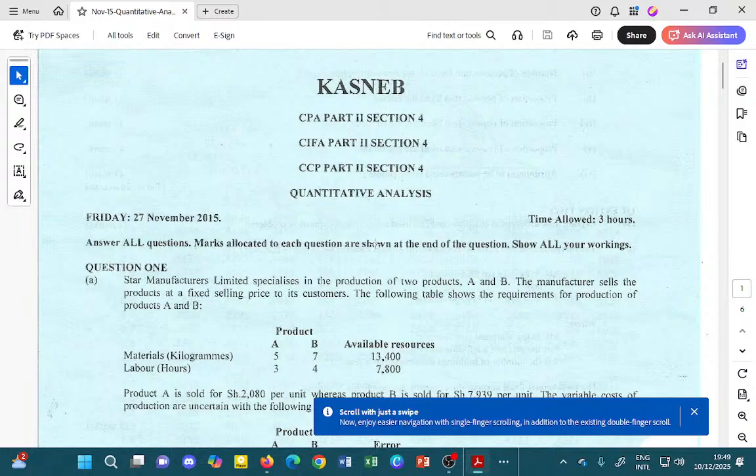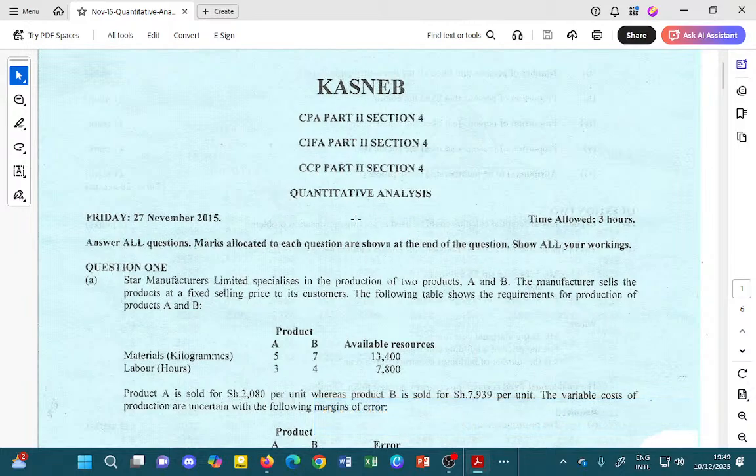The paper is referred to as quantitative analysis, and the paper was taken on Friday, 27th November of 2015. Time allowed is 3 hours.